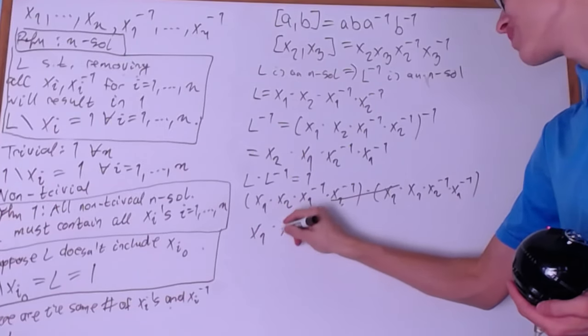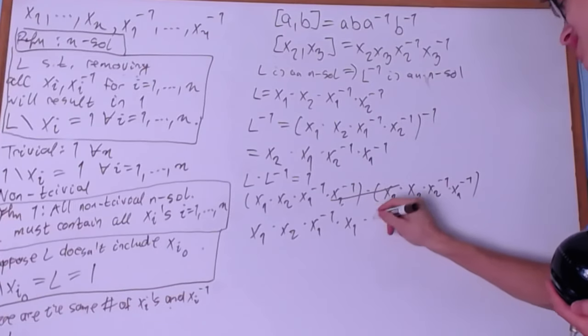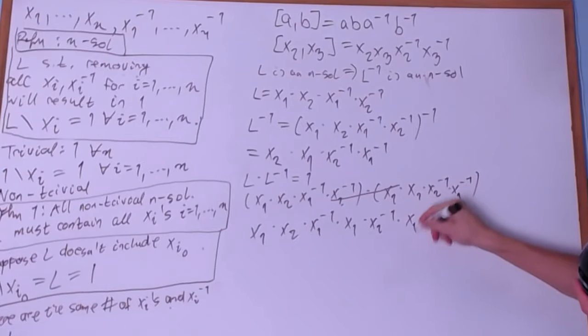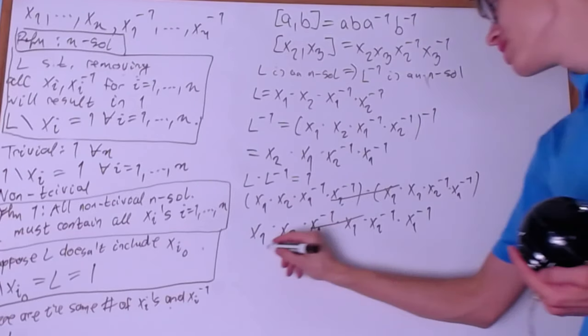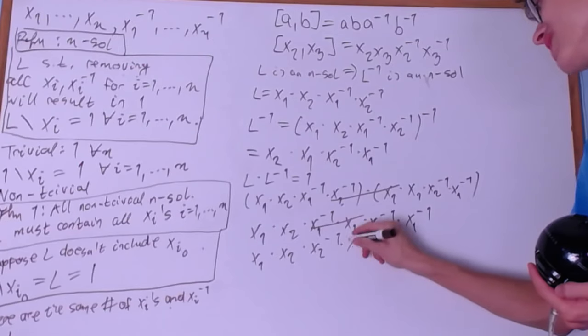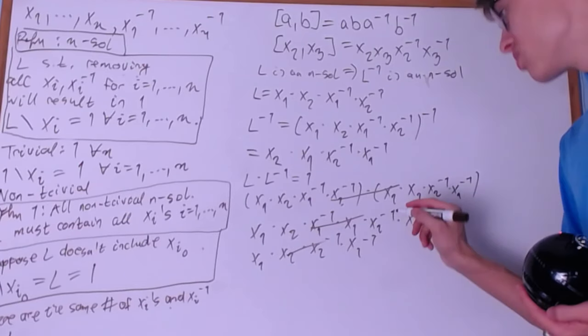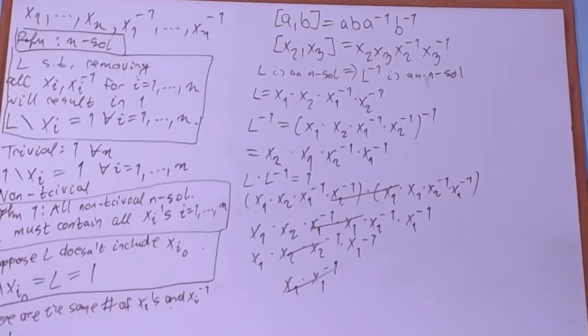We're left with x1 times x2 times x1 inverse times x1 times x2 inverse times x1 inverse. You can see right in the middle we have an x1 inverse times x1, which goes away, leaving x1 times x2 times x2 inverse times x1 inverse. Those go away. We get x1 times x1 inverse. Those go away. And so that's how you get L inverse.